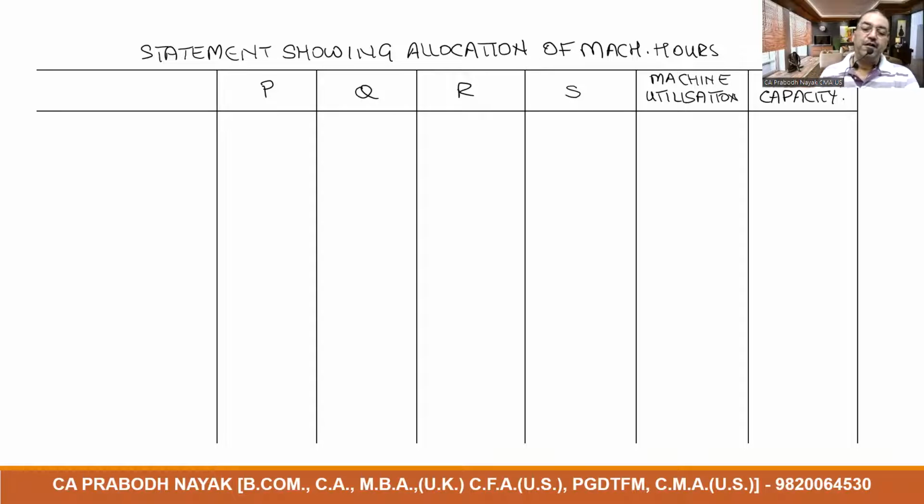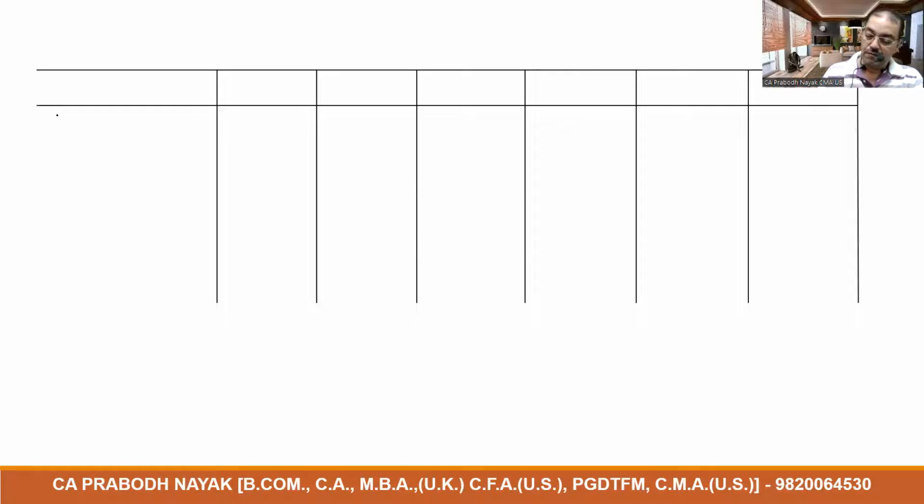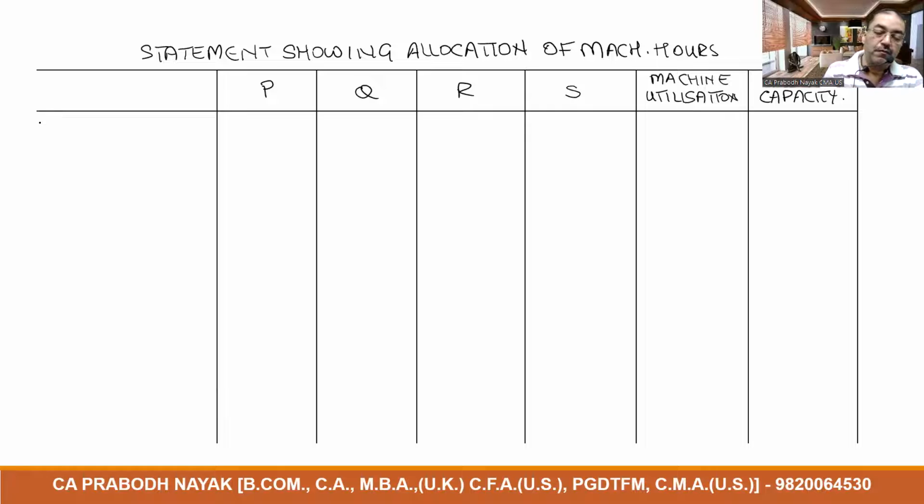We start with selling price. Selling price per unit: 10,000, 8,000, 6,000, 4,000.